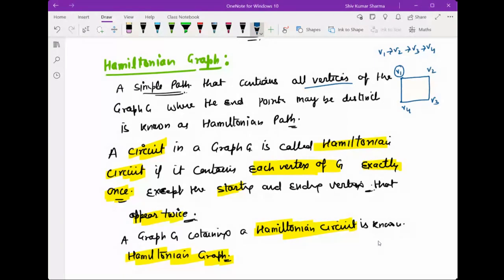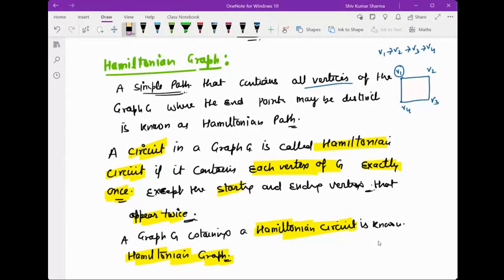We stop here. So this constructs a simple path, that means the start and end vertices are different.